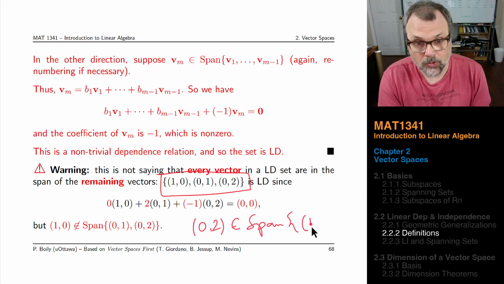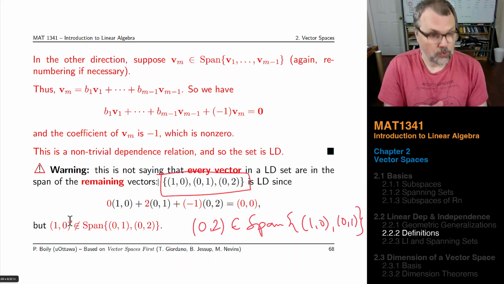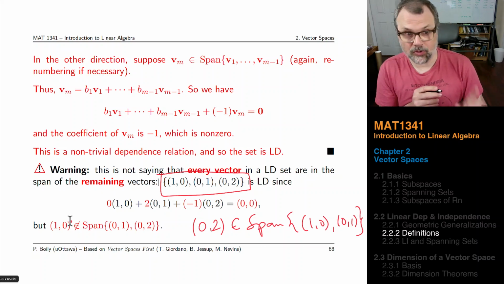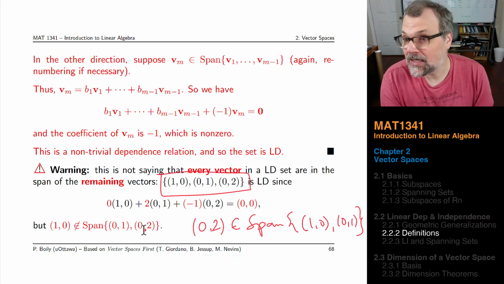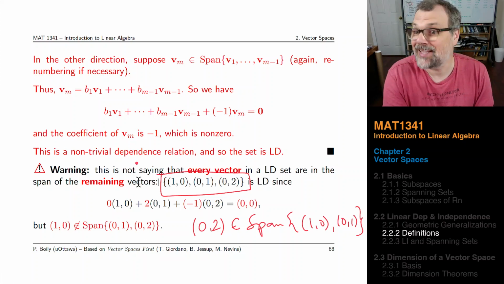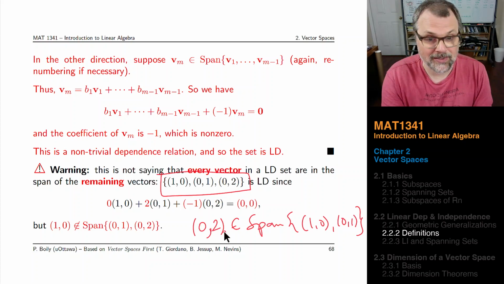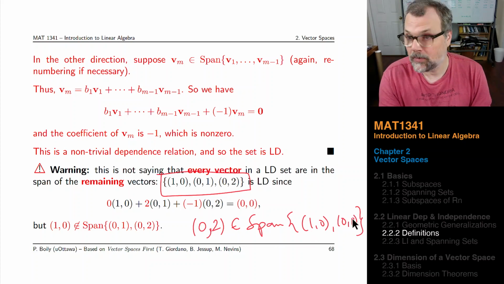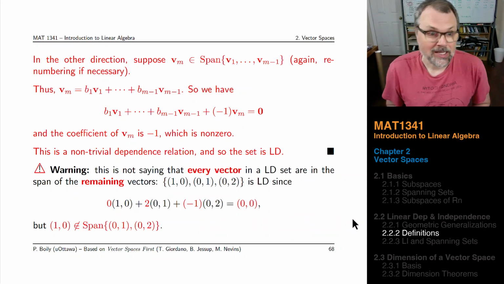Just we don't know that this applies to every single one of the vectors because (1, 0) is not in the span of (0, 1), (0, 2). The span of (0, 1), (0, 2) is a line, and it's the line that is parallel to the y-axis. (1, 0) is not on that line. But (0, 2) is in the span of (1, 0), (0, 1). Right? So at least one doesn't mean every vector.